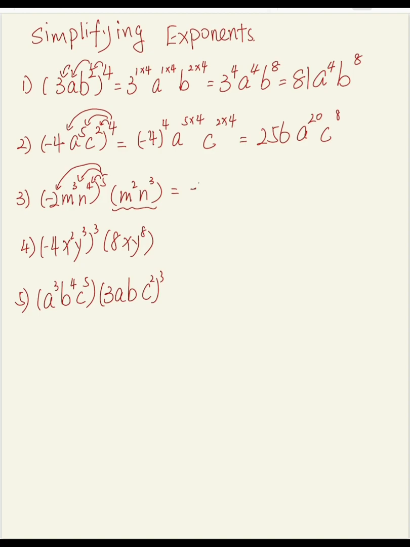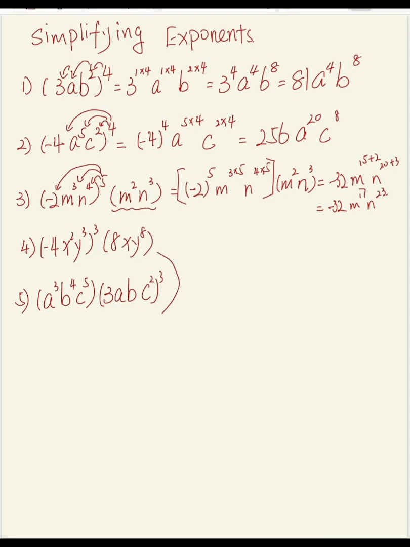So the first is -2 to the 5th, and m, 3 times 5, and n, 4 times 5, and then we have a big bracket, times m squared and n cubed, and it equals -32 and m to the 15 plus 2, and n to the 20 plus 3, and this one equals -32 m to the 17th and n to the 23rd.